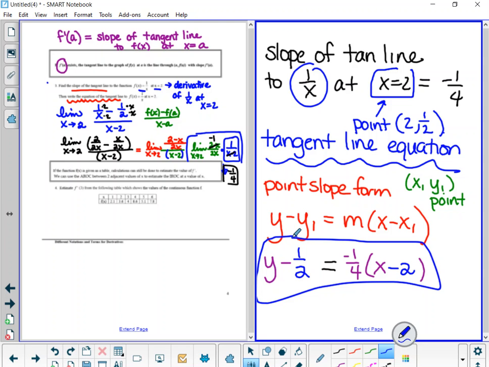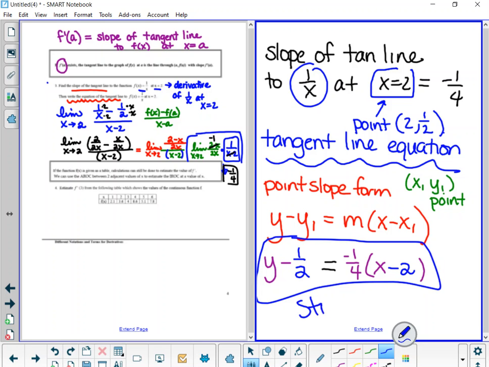No, I actually would prefer, and I will encourage you, to not convert it. And here is why. The more times you write things down, the more likely you are to write something down incorrectly. So every minute you spend fiddling with that equation, A, it's wasted time, and 2, you're likely to make a mistake.